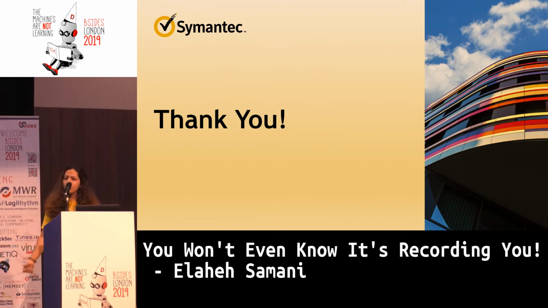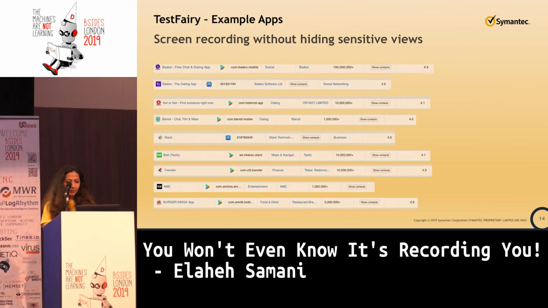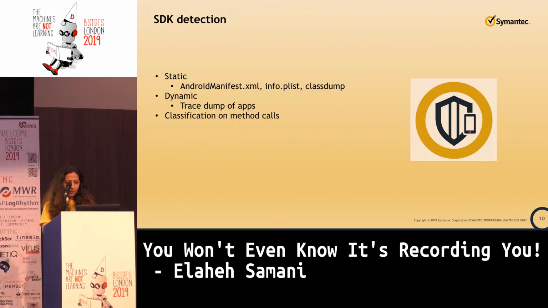So I'm not supposed to advertise for my company, but that's what we do at Symantec. We have the SEP Mobile app. Most of the techniques that I mentioned here, we basically follow them, all these three: static and dynamic detection, and SDK identification, and also for misusing apps, we have a combination of static and dynamic detection to find misusing behavior.